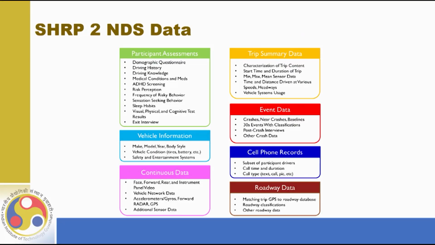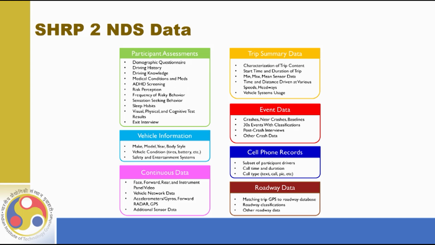So what kind of data is actually collected? A lot of data is collected during this kind of study. There is data related to the driver: demographic questions about age, profession, education, along with the driving history and driving knowledge.